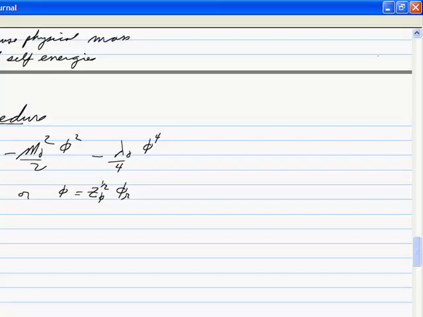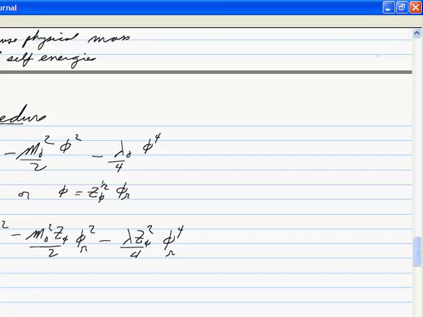So at this stage the Lagrangian has Z phi in the kinetic energy piece, minus m0 squared Z phi, minus lambda Z phi squared, and those are the renormalized fields.